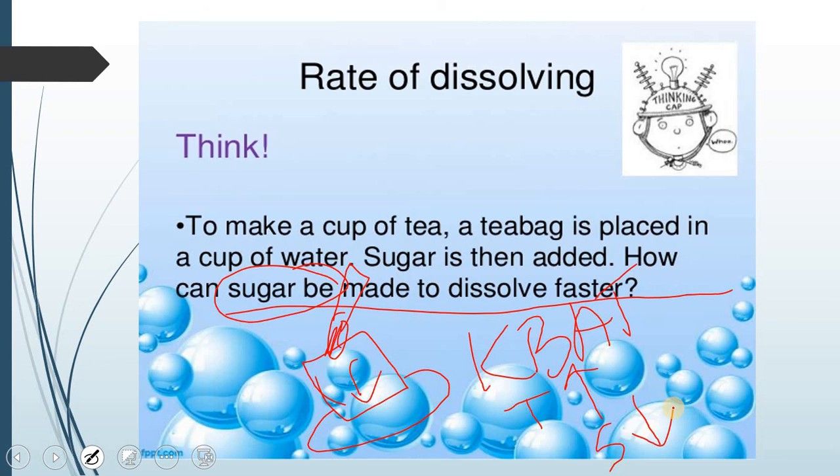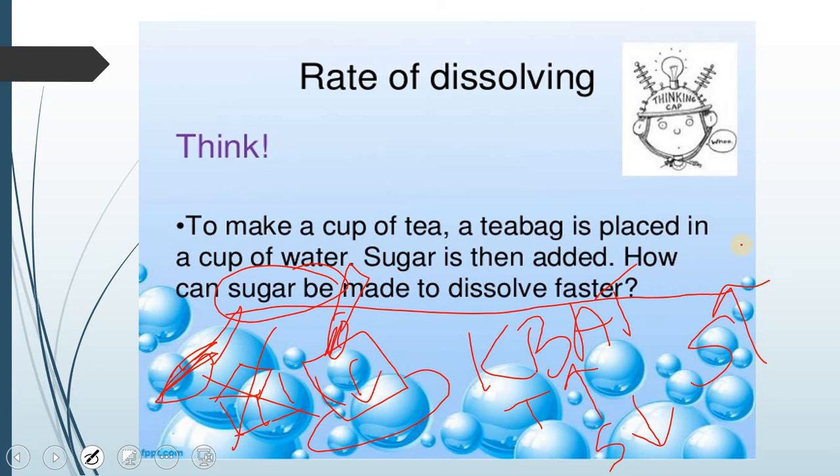So this means sugar we have in granules, which we put in with a spoon, or we have sugar cubes. So you don't use sugar cubes to dissolve because it will take much longer. So you use granules, and also rate of stirring. When you stir the solution of coffee or tea much faster, then it will dissolve faster.